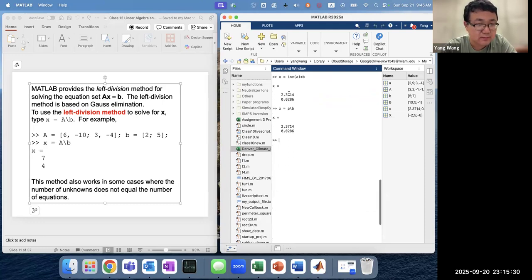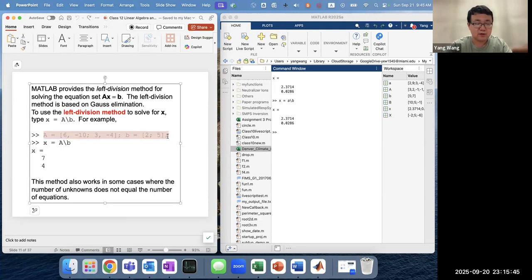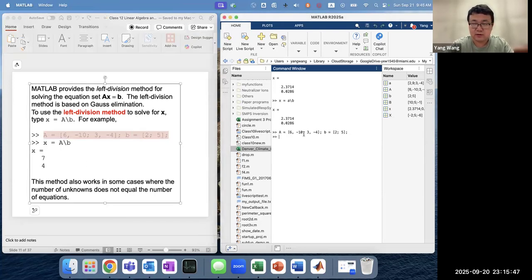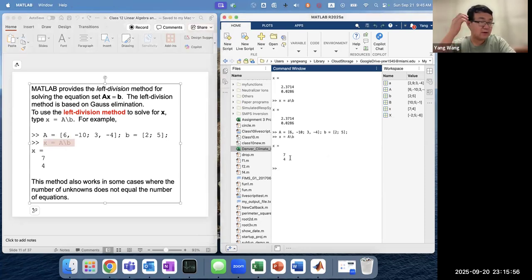Basically, this method also works in some cases where the number of unknowns does not equal the number of equations. So you have what people call underdefined or overdefined equations. You can also try this case. For example, A and B are defined as the matrix and array here. Then you can calculate X, right? 7 and 4.